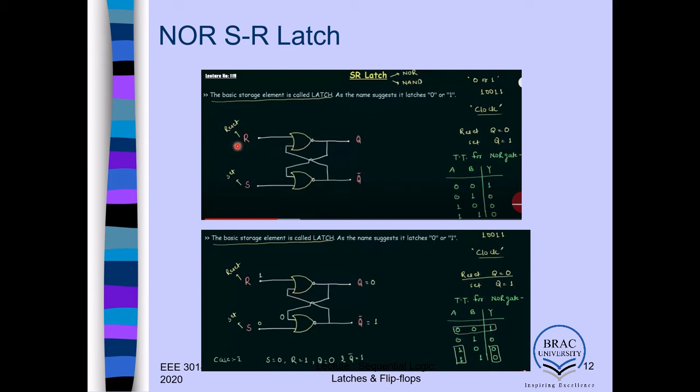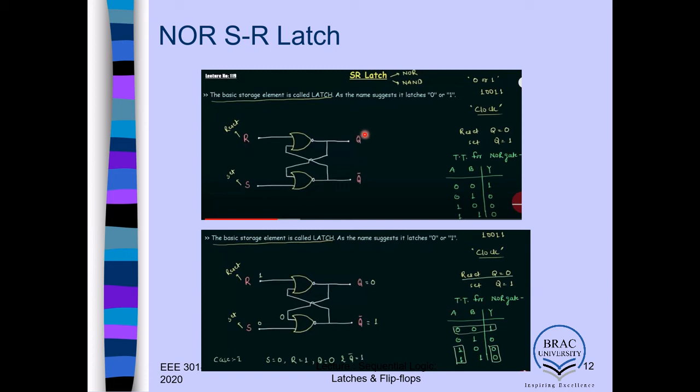So you have one input here which is R, another input here which is S, and your Q and Q prime are your outputs. R means reset, that means reset Q to 0, and set means Q will be 1.